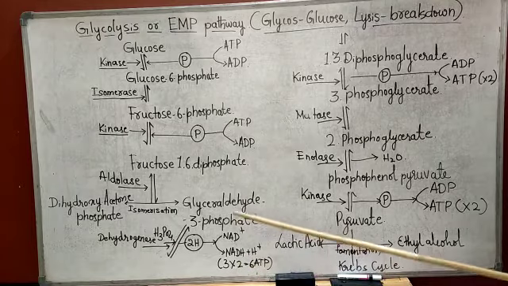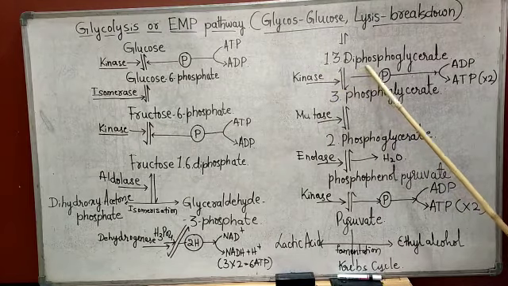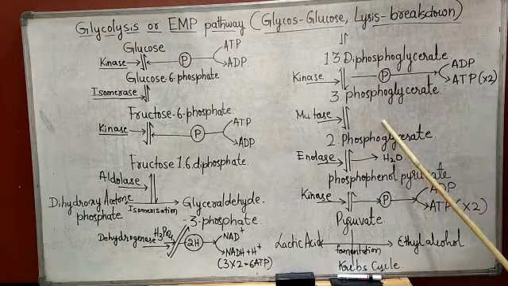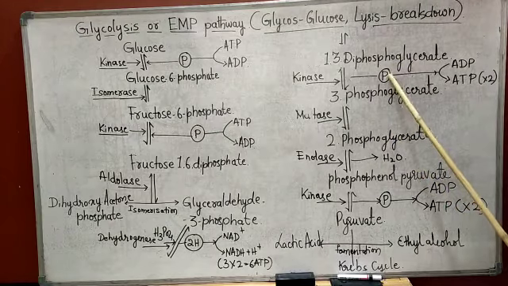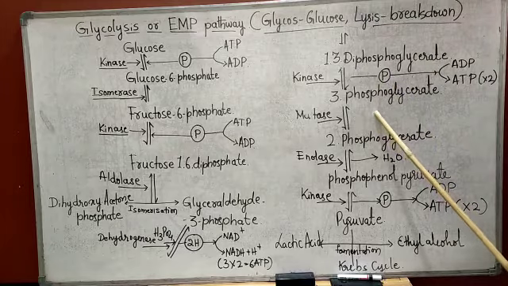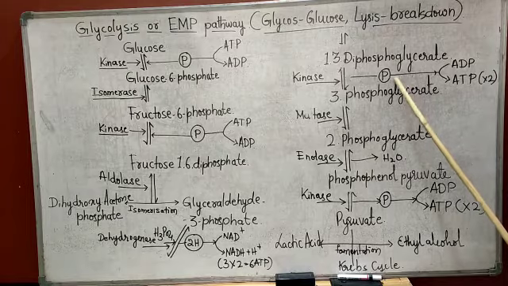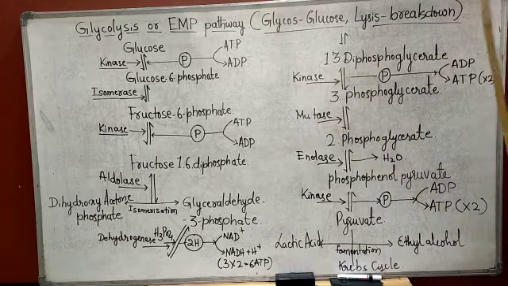As a result of phosphorylation and oxidative dehydrogenation, 1,3-diphosphoglycerate is formed, and this undergoes the first ATP generation. 1,3-diphosphoglycerate is converted into 3-phosphoglycerate by the removal of a phosphate, and that phosphate is taken by ADP to form ATP under the action of the enzyme kinase.